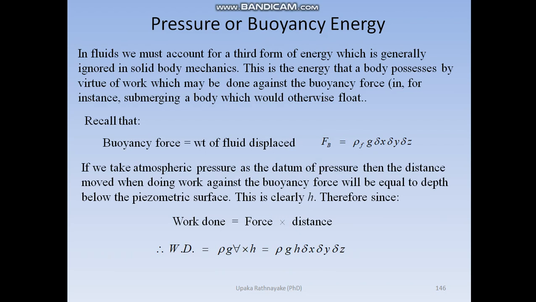From buoyant force, which we have already learned, we can develop this energy. Therefore, the pressure energy is much similar to the potential energy. So, the pressure energy is rho g delta h delta x delta y delta z into h for the same cube of delta x delta y delta z.